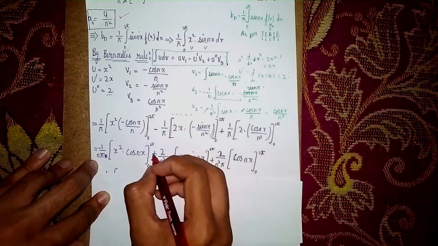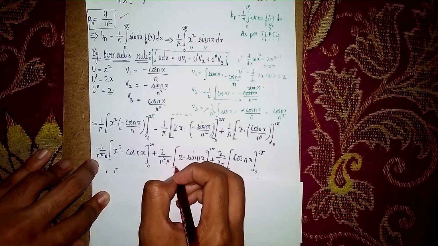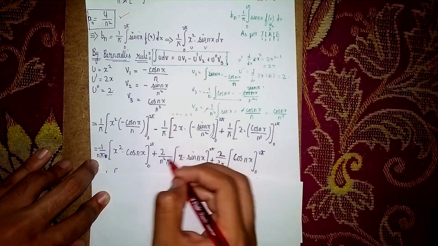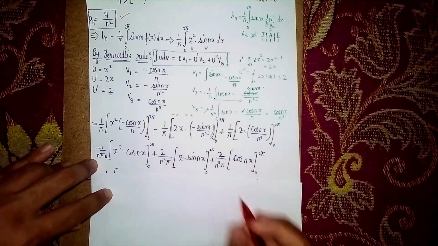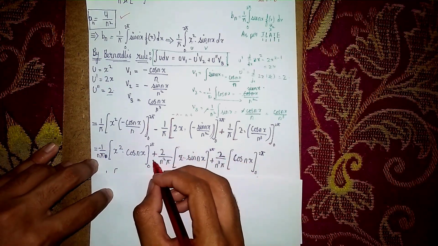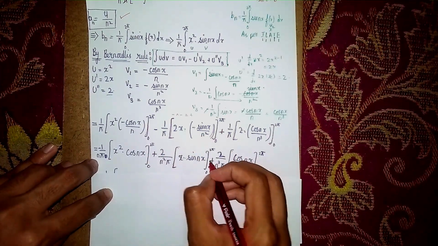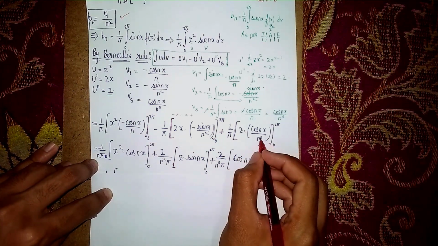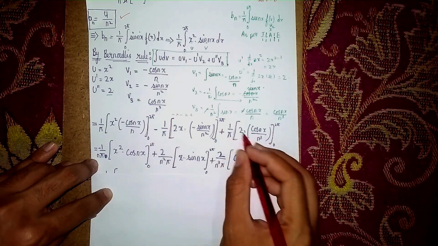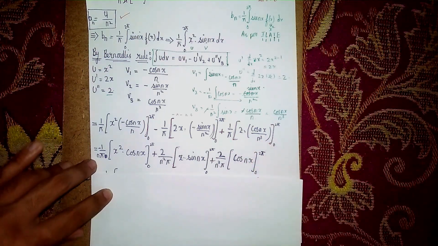So plus 2 by n square pi, then open a square bracket. I'm taking 2 also outside, 2x into sin nx, here n square I'm taking outside. Always take n outside. Then plus 2 by n cube pi, n cube I'm taking outside, so it becomes cos nx, 0 to 2 pi. Okay, now we completed this.